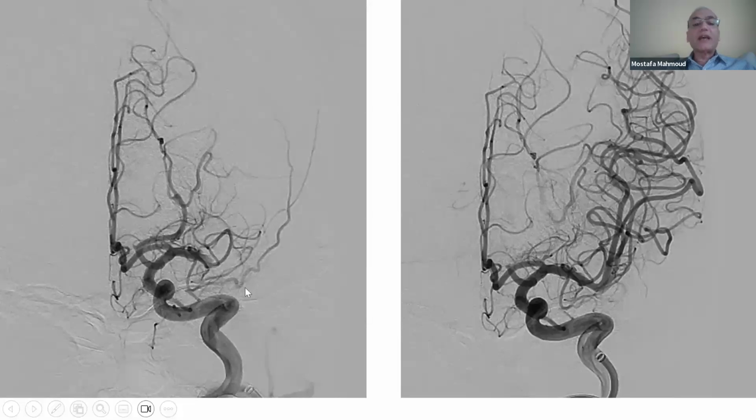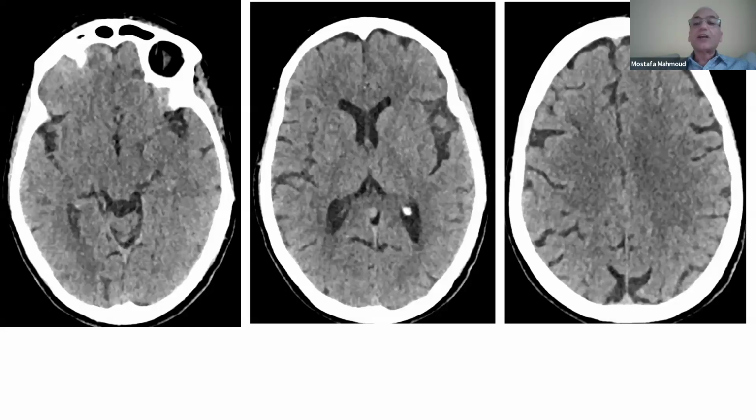Here is the M1 occlusion and first pass revascularization. Here is a 24 hours CT. Obviously, it was a GIC. Obviously, what we were reviewing initially in the CTP is a ghost infarct core.